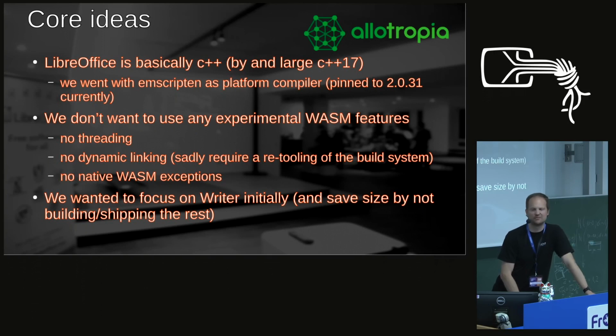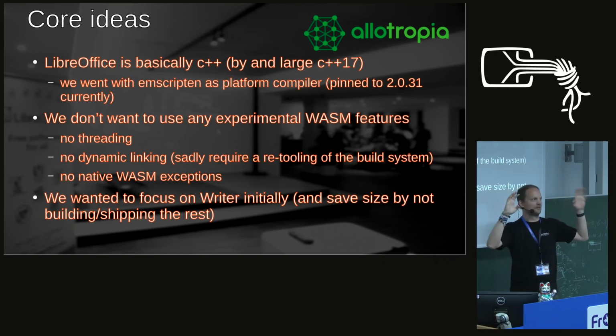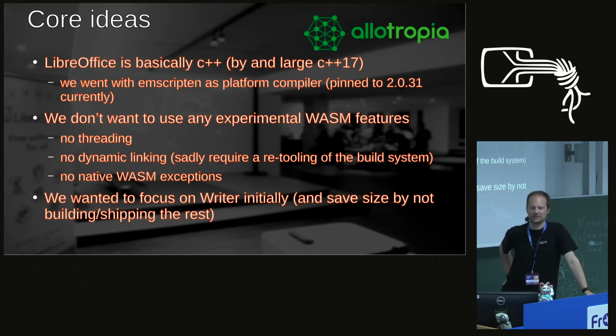We don't use all C++17 features because we always have to use the intersection. We have 4 or 5 compiler platforms, and we can only use what they all support. So there's a number of C++17 features we can't quite use yet, but it's pretty modern C++ by any means. So we chose emscripten.